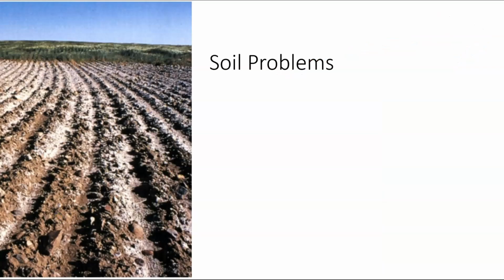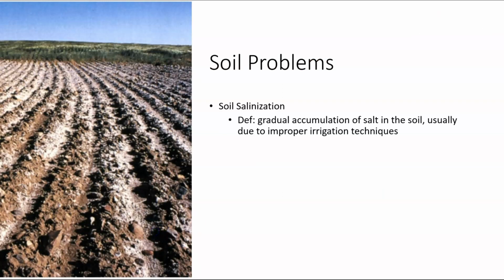All right. Another really important soil problem in our more arid areas is soil salinization. Essentially, what you're seeing here, that white material on top of the soil, is salt. Soil salinization is the gradual accumulation of salt in the soil, usually due to improper irrigation techniques.